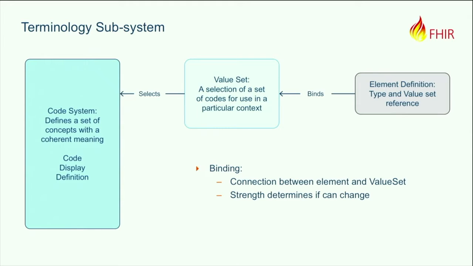And it goes from a required binding, which means that an instance must have a result from this value set to be conformant, all the way through to example, which means that we actually don't know what to do. Here's something which looks like it could be. There's four sets of bindings.